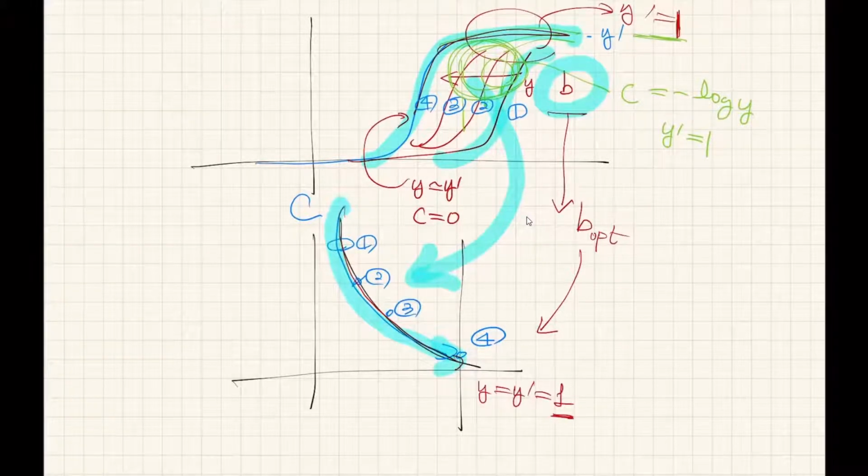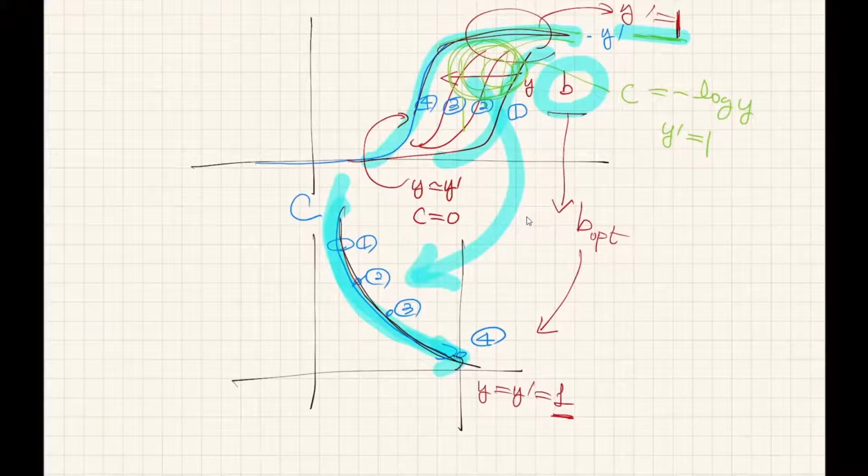The reason is that in this case, most of the area that determines the cost function is the area where Y dash is equal to 1 and the difference between your output. That is what controls this entropy cost function.